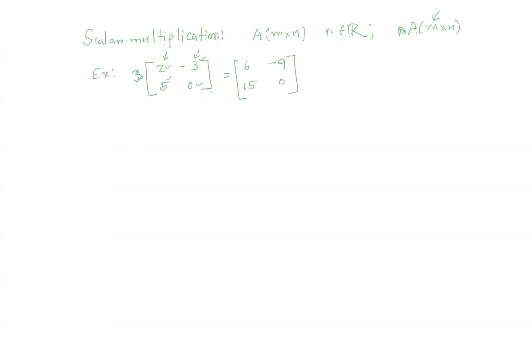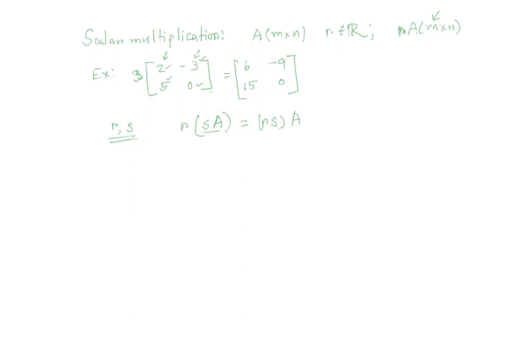One property of scalar multiplication is this. Let's say you have two real numbers, R and S. So R times S times A means you do the scalar multiplication by S of the matrix A, and then that's the same as RS times A. That means you multiply the numbers first and then multiply the matrix by that result.